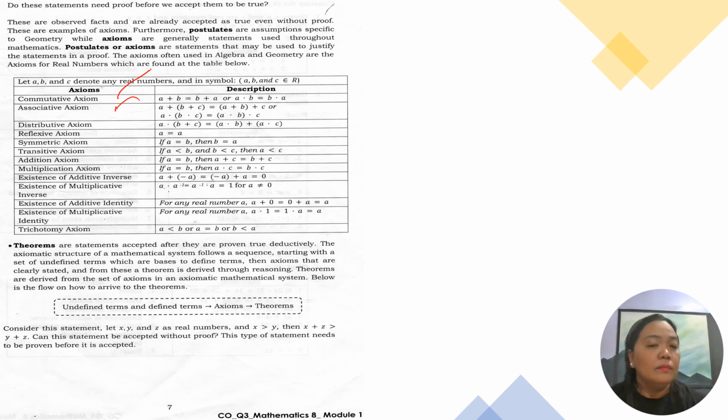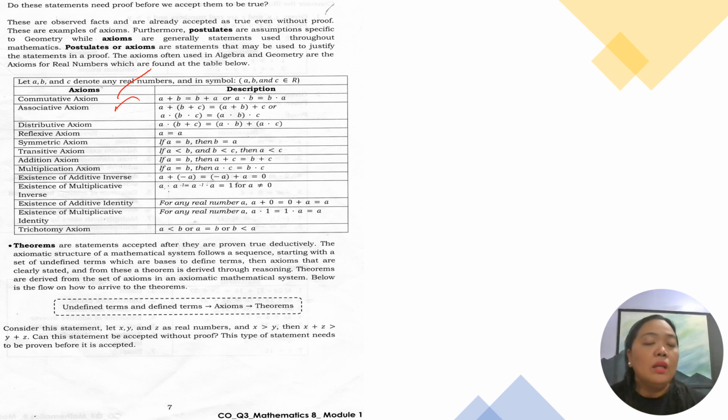Let's go to the existence of the additive inverse. When we say additive inverse, we need to add the opposite of a certain number in order to get 0. Again, additive inverse means we need to add the opposite of a certain number in order to get 0.